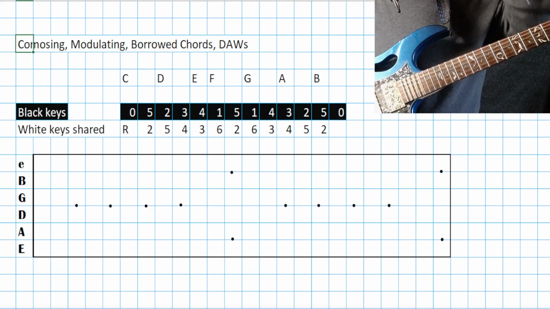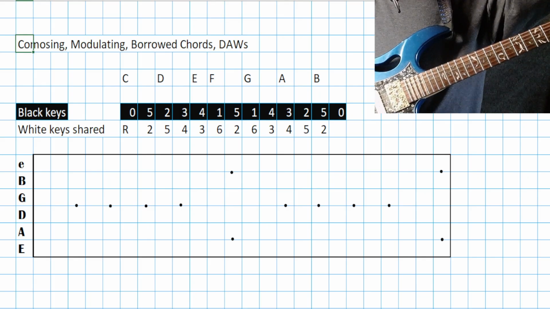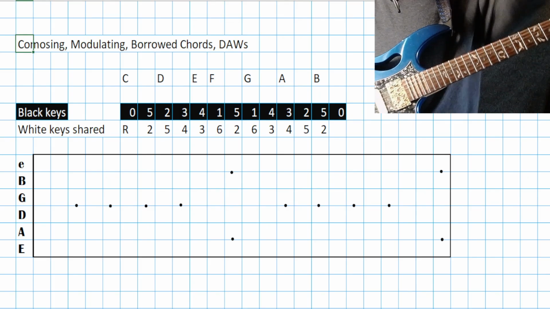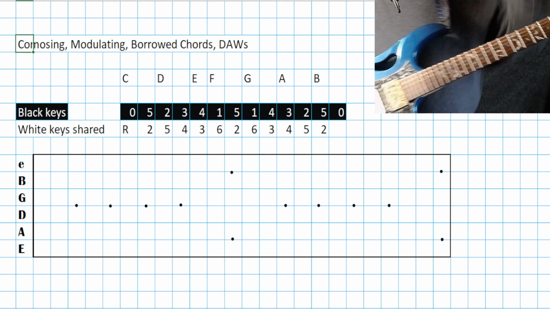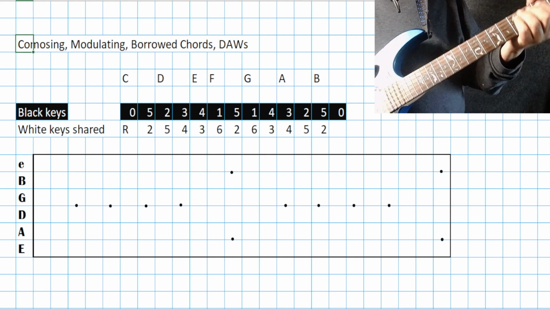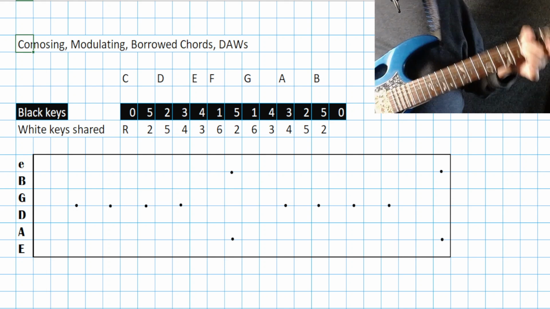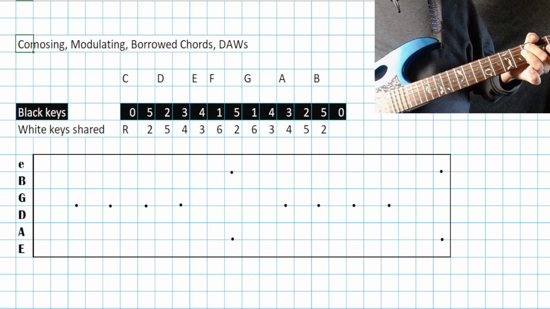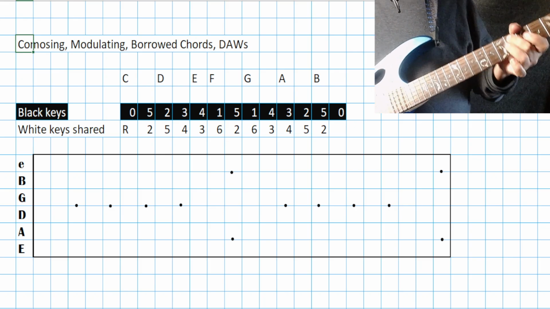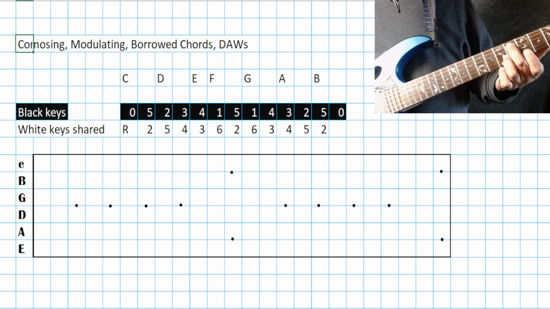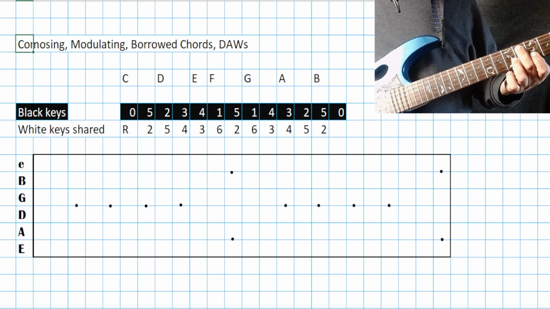What if you might be able to know, okay, if I go here, I know a basic code that tells me I'm sharing 5 notes with my original key. If I go here, I'm sharing 4 notes with my original key. So that means I have 3 black keys.